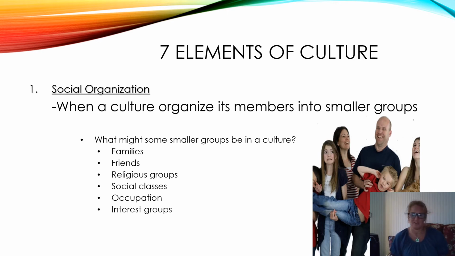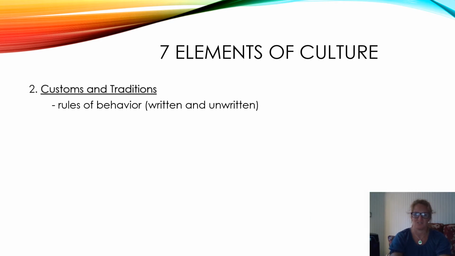Another one that I just want to touch upon in that list is interest groups. Occupation: you will all be nurses, and we're our own culture. We are a subculture of the healthcare world. We'll talk more about those in class, but basic organization of social status.